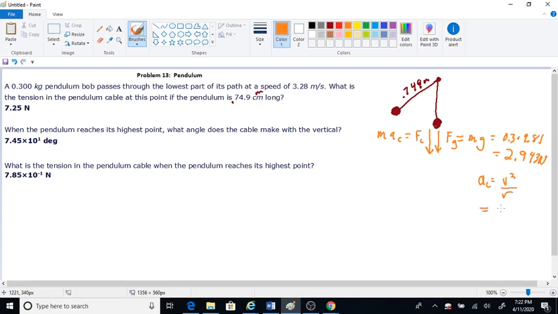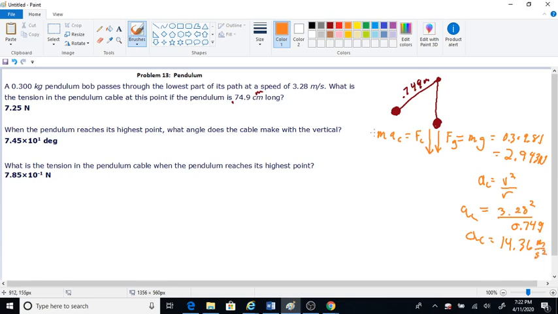And in that case, it is 3.28 squared over 0.749. My units play nice, so that's why I turned this to meters. And when we do that, I end up with 14.36 meters per second squared.